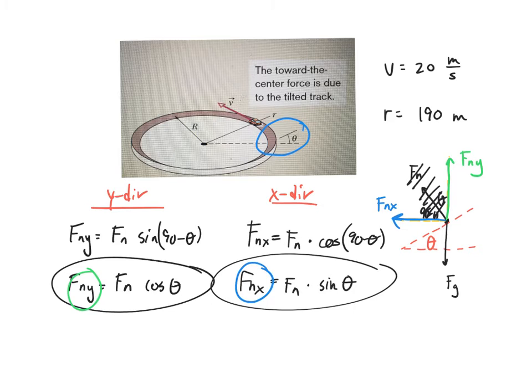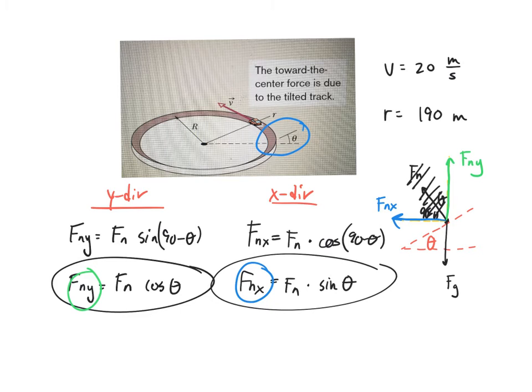Think back and recall, something provides centripetal force every time. It's not just a mystery, right? It's either tension, friction, gravity, normal force component in this case, but something has to keep the object in circular motion, and in this case, it's Fnx for sure.